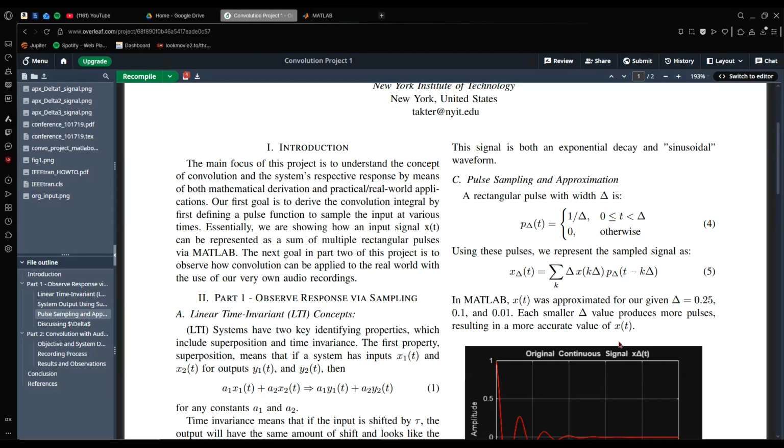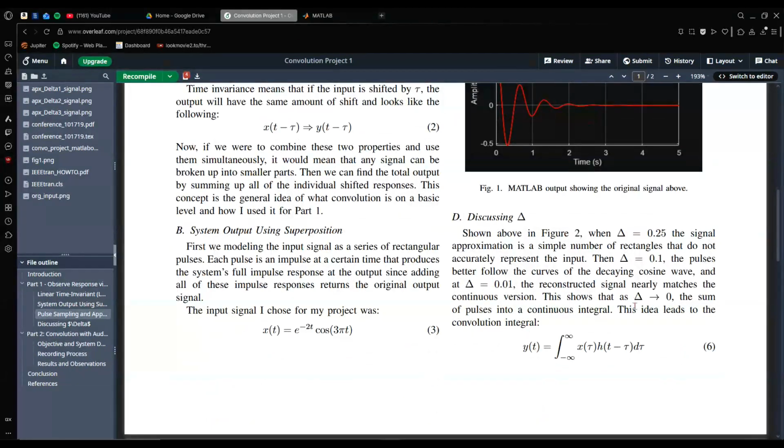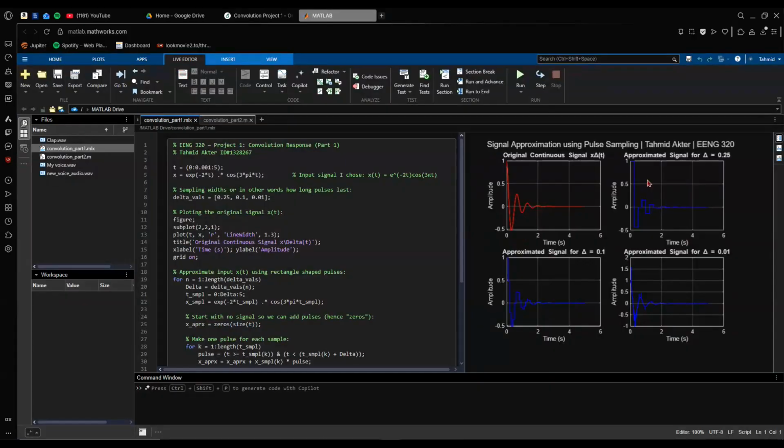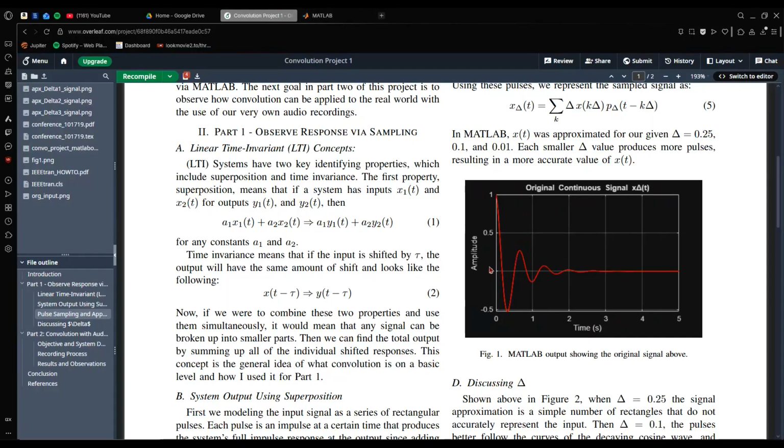As delta gets smaller, the discrete sum of those rectangular pulses becomes the continuous-time convolution. In other words, we just demonstrated how continuous convolution can be built up step by step, sampling those steps to our original function.